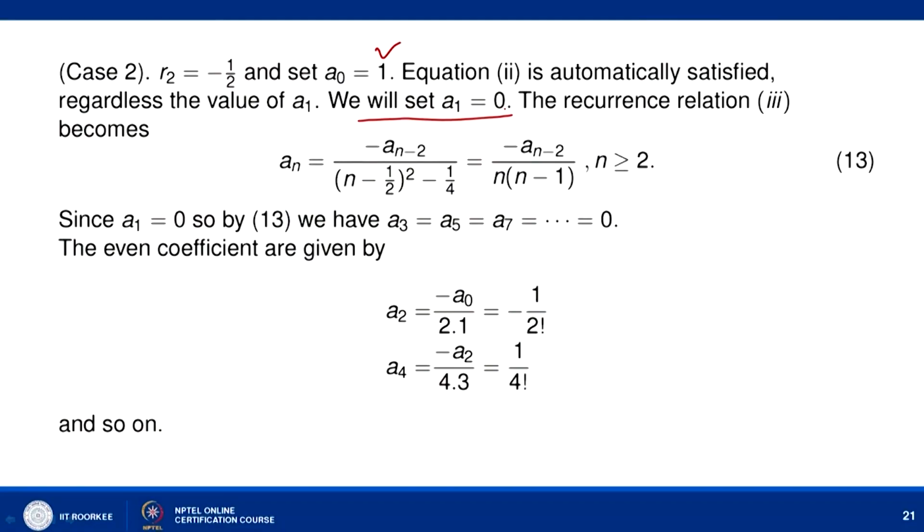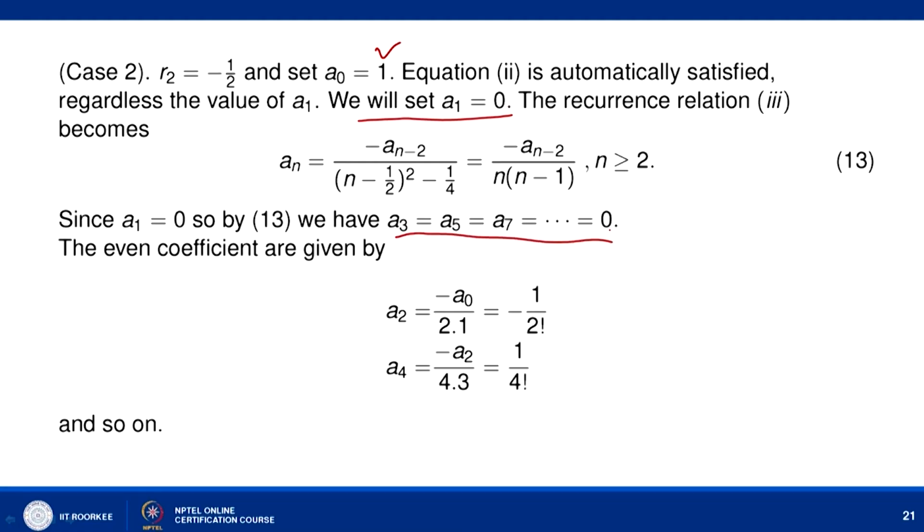So now let us find out the solution corresponding to r2 equal to minus half. Here we have seen that the problem which we are discussing is not occurring, because the right hand side is already 0. So I can choose any value of a1, and we have taken a1 equal to 0. By the recurrence relation, all the odd terms are 0.